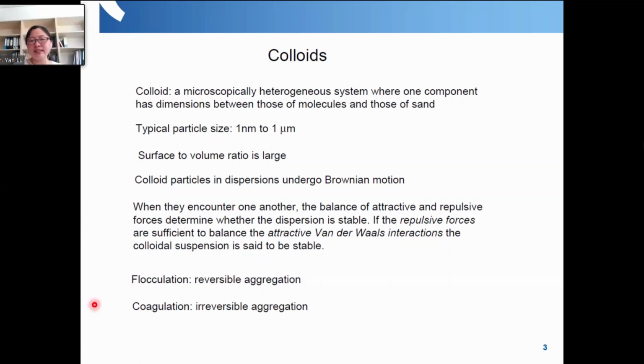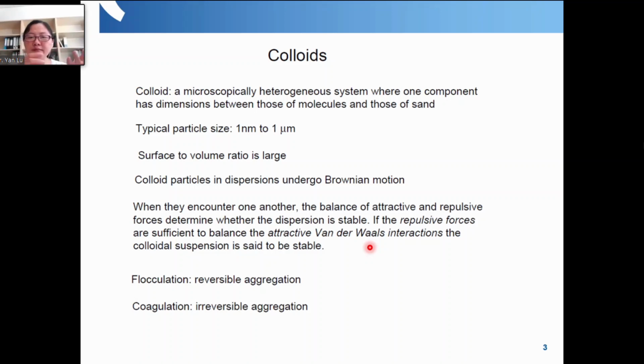When we talk about colloidal particles, we always need a stable dispersion, so we need to know the interaction of the particles. There are attractive and also repulsive interactions between the particles, and the balance of these is very important to keep a colloidal system stable.